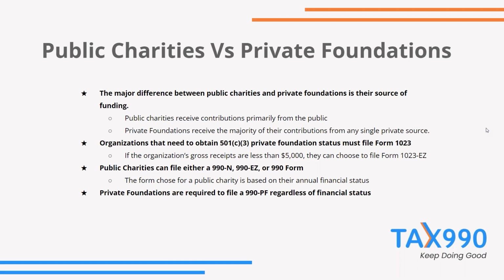Now, if you take a look at your determination letter and you don't see public charity either, it will say that your organization can file the 990-N, 990-EZ, or 990 form. That would indicate that you are not a private foundation. So it's very important that you take a look at your determination letter prior to filing and choose the correct tax form.